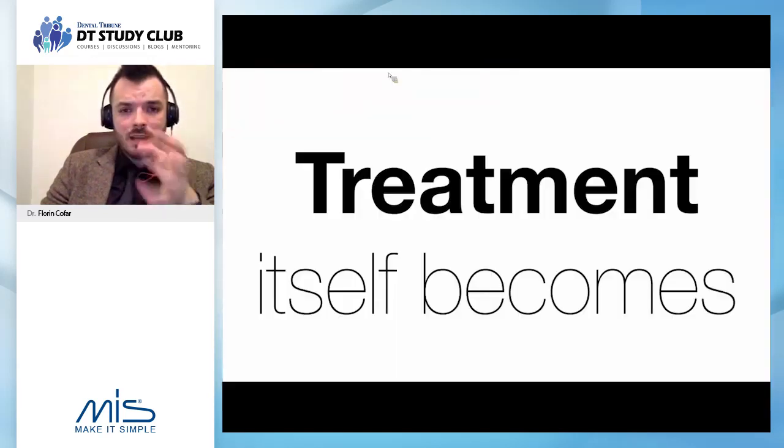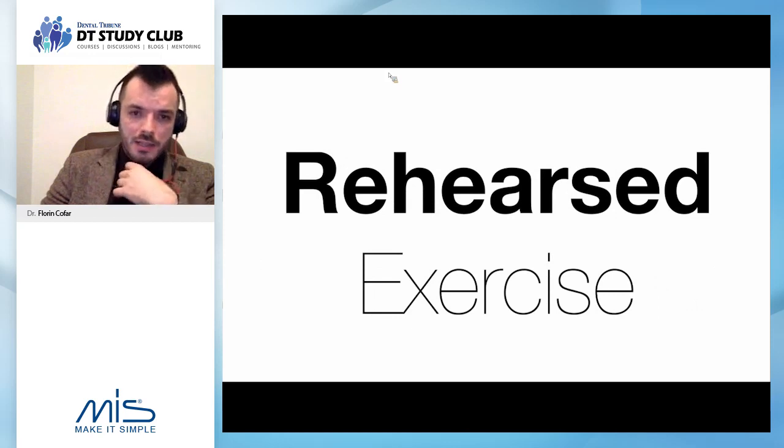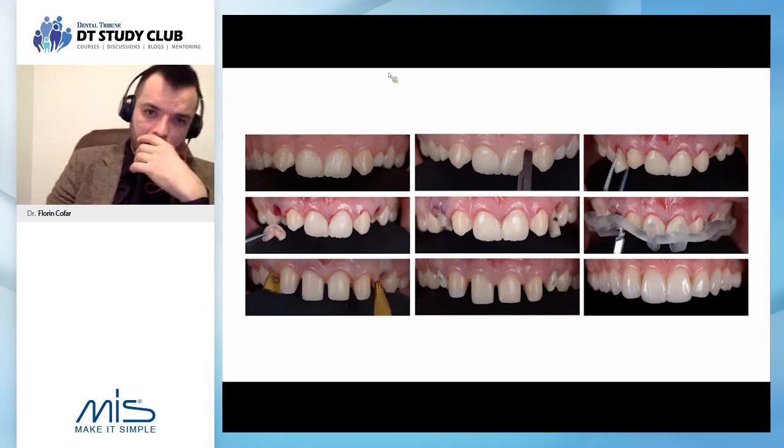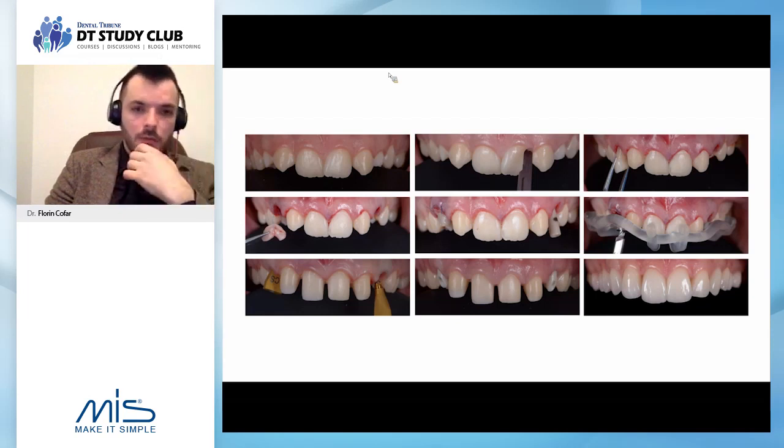The treatment itself, once you have this digital wireframe, becomes a rehearsed exercise once we go in the mouth. And here you can see some of the steps of this particular treatment. You have the tissue reduction, extracting the tooth, grafting, then going to the prosthetic stage.